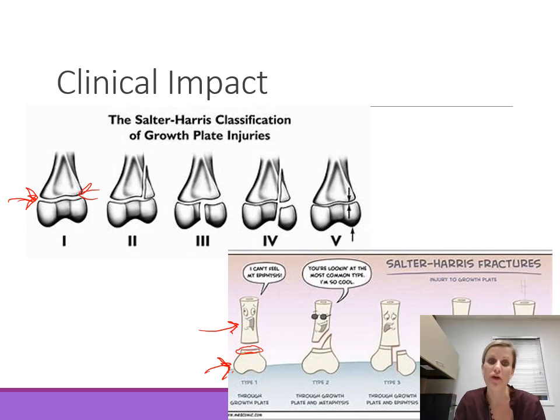So fractures that impact growth plate or that injure growth plates can be classified as 1 through 5 classification, and this classification system is referred to as the Salter-Harris classification. So to remember the Salter-Harris classifications, right, type 1, 2, 3, 4, and 5, you can actually use an acronym, SALTER. It makes sense. SALTER for the Salter-Harris classification.